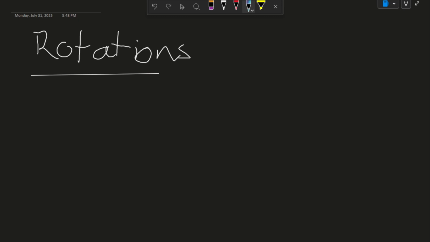So let's get into it. We have told you that rotations are linear transformations. We have perhaps justified this a little bit, but we have not really proven this in any meaningful way.